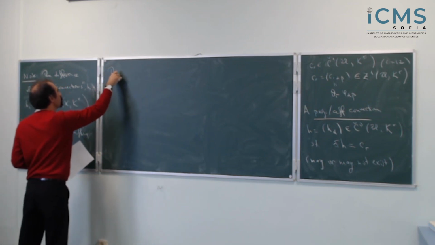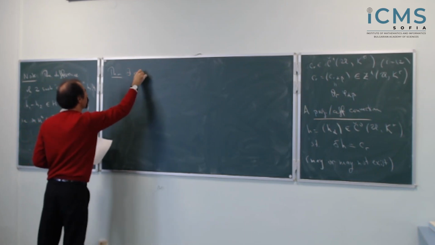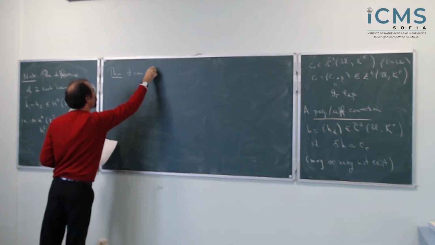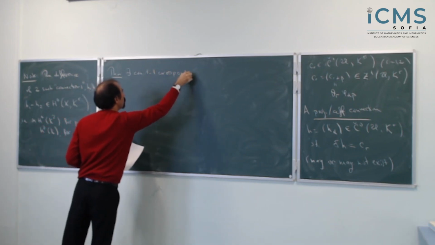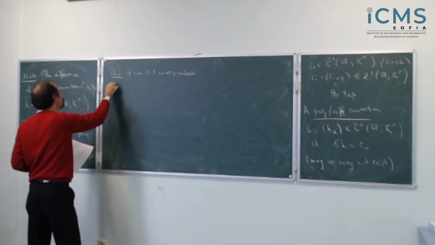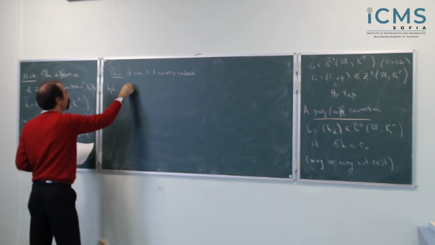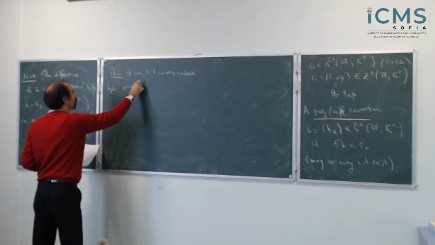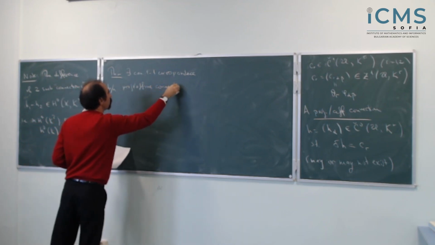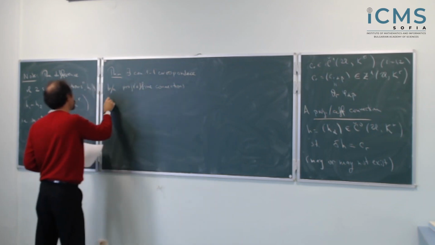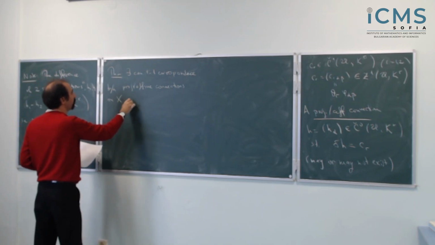The theorem was that there is a canonical one-to-one correspondence between projective or affine connections in this sense on X and projective or affine structures.